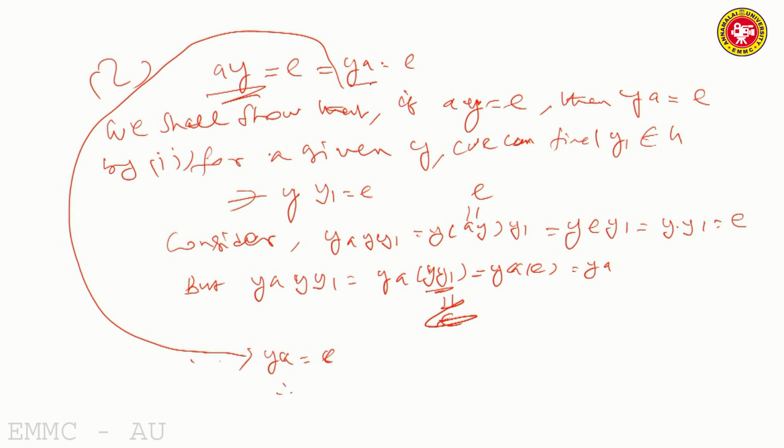Hence, AY is equal to YA is equal to E. Therefore, every right inverse is also a left inverse.